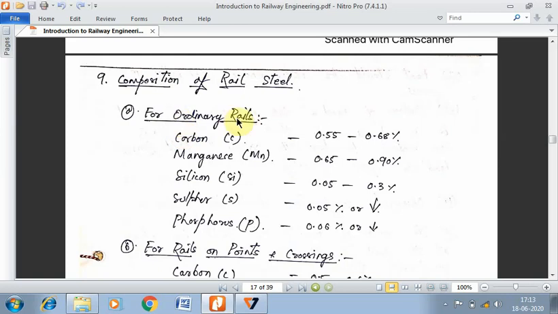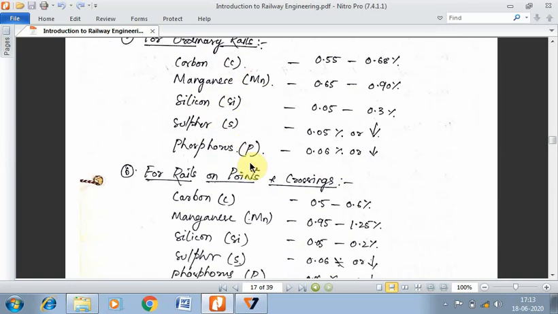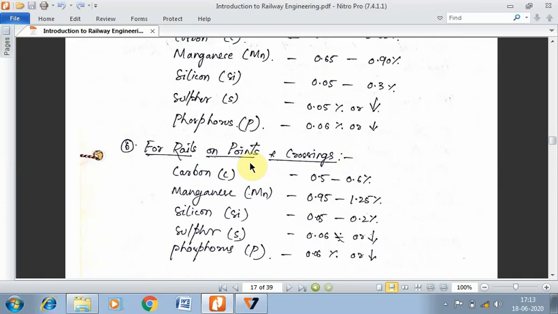For ordinary rails, for nominal usage, the carbon is expected to be around 0.55 to 0.68%, manganese between 0.65 to 0.90%, silicon between 0.05 to 0.3%, sulfur 0.05% or less, and phosphorus 0.06% or less. This is how the ordinary rails are expected to be chemically composed.